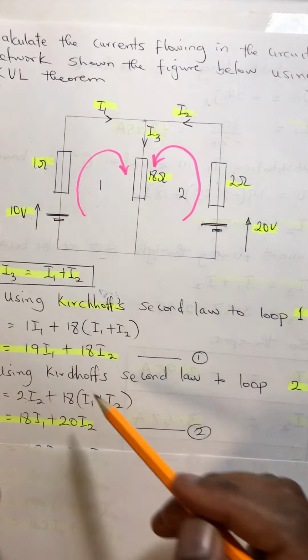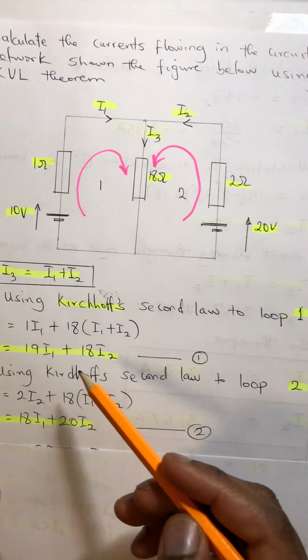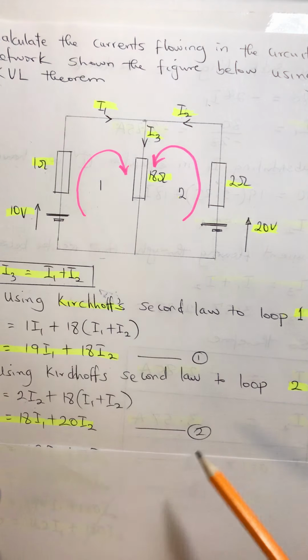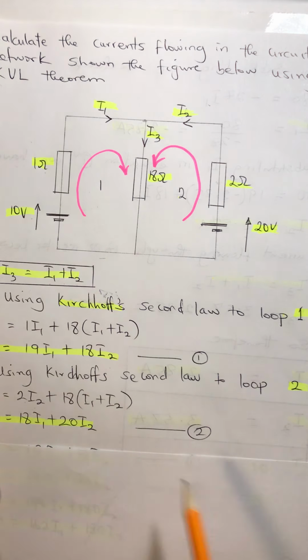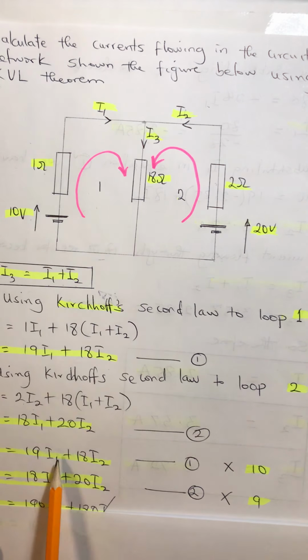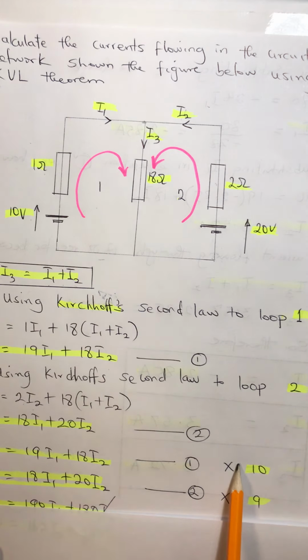Now for us to find our currents I1 and I2 using simultaneous equations, we deduce that 10 equals 19 I1 plus 18 I2, multiplied by 10, then 20 equals 18 I1 plus 20 I2, multiplied by 9.